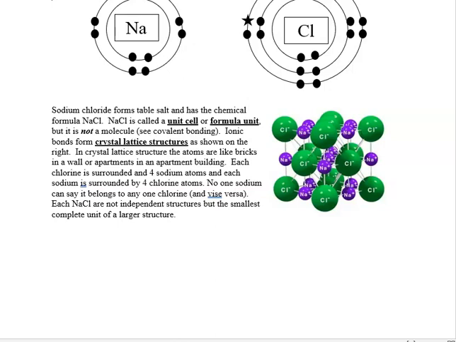What NaCl, that chemical formula, is telling you is that there's 1 sodium for every 1 chlorine. And yet the NaCl is not a separate independent structure. No pair of Nas and Cls in that structure you see can just suddenly go off by themselves.